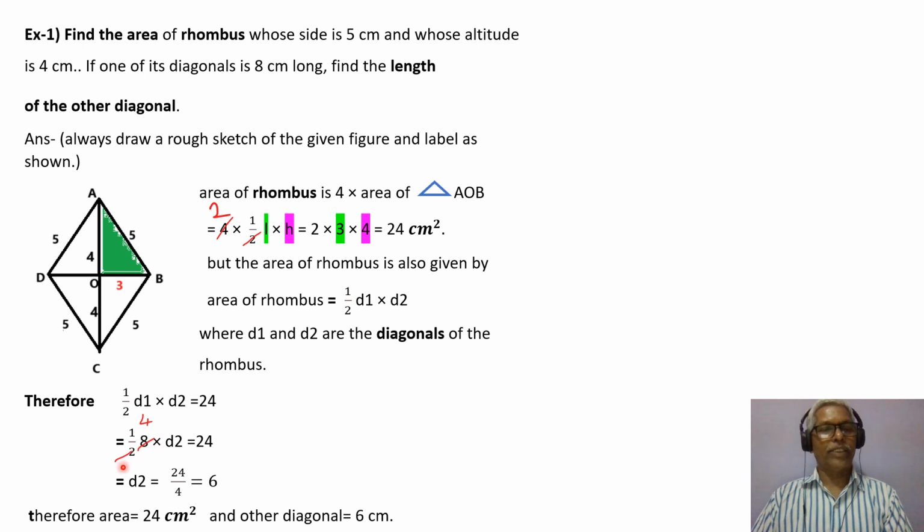If you cancel, you are left with 4, which goes to the denominator side. So d2 is 24 divided by 4, which is 6. Got it? Very simple arithmetic calculations. Therefore, area of the rhombus is 24 centimeters square, and the other diagonal is 6 centimeter. So that's it. Move ahead.